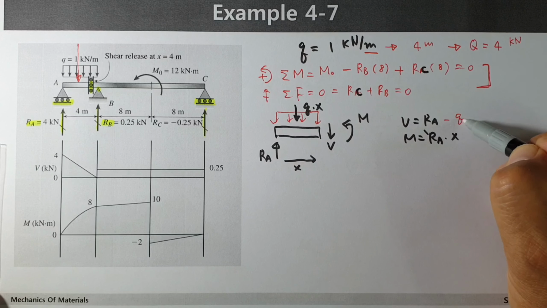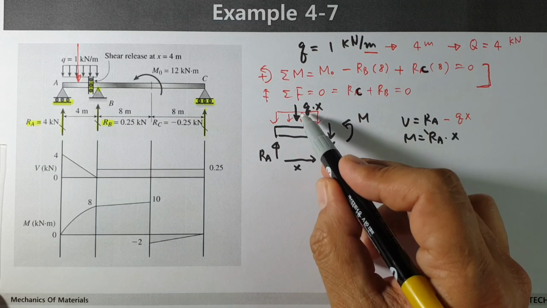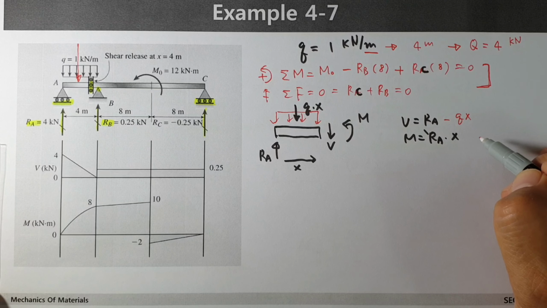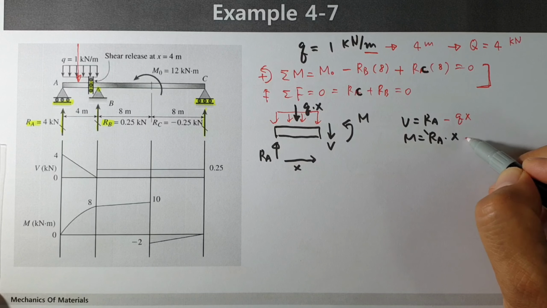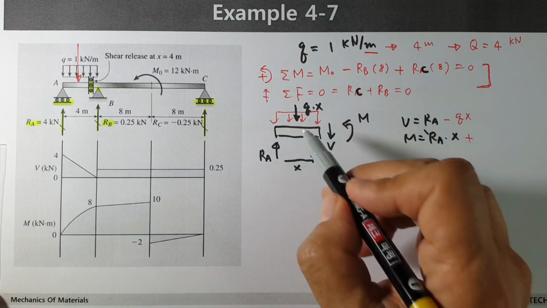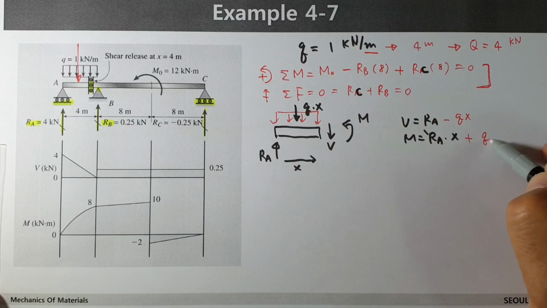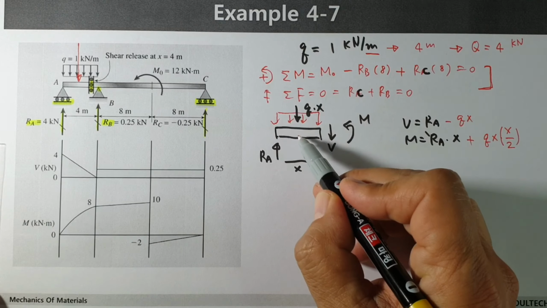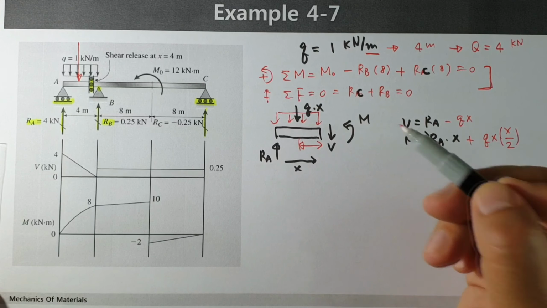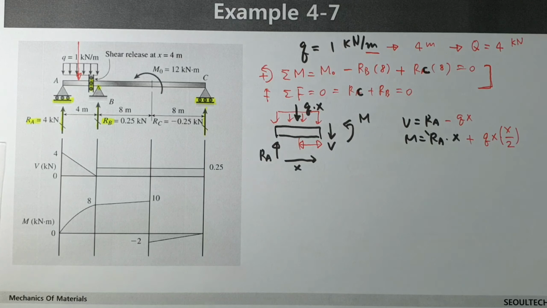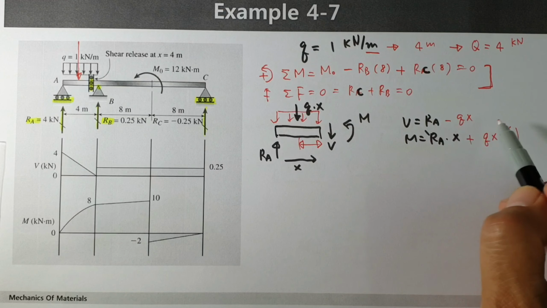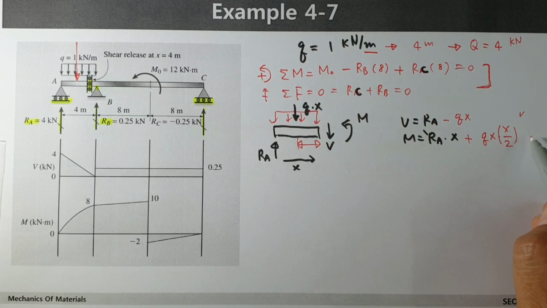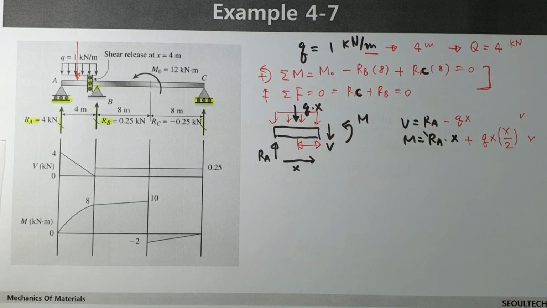Minus Q X. Then here positive Qx is multiplied by Qx over 2, this distance, half. This distance should be considered. We have some linear relationship, and next one, some second order relationship we have.